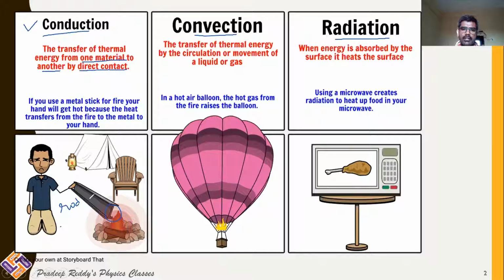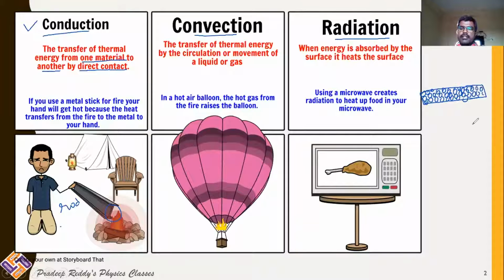In one end of the rod, there are solid molecules. So what actually happens here is, you have a solid, and there are a few atoms present within this solid.